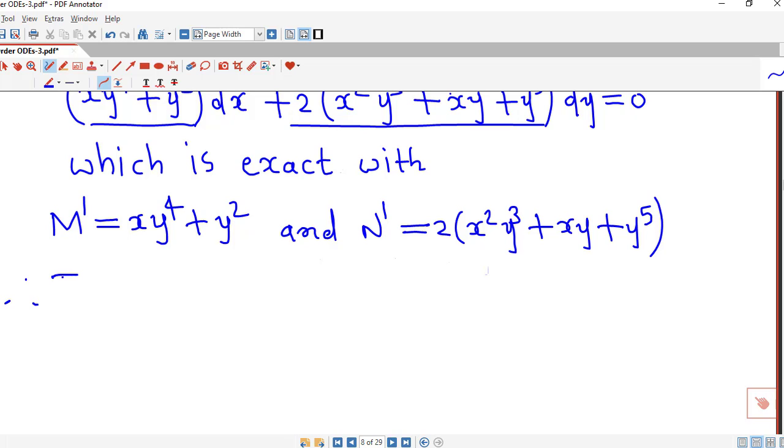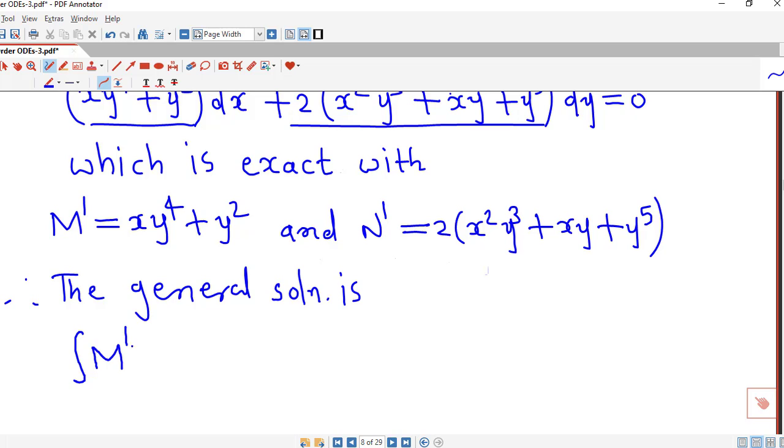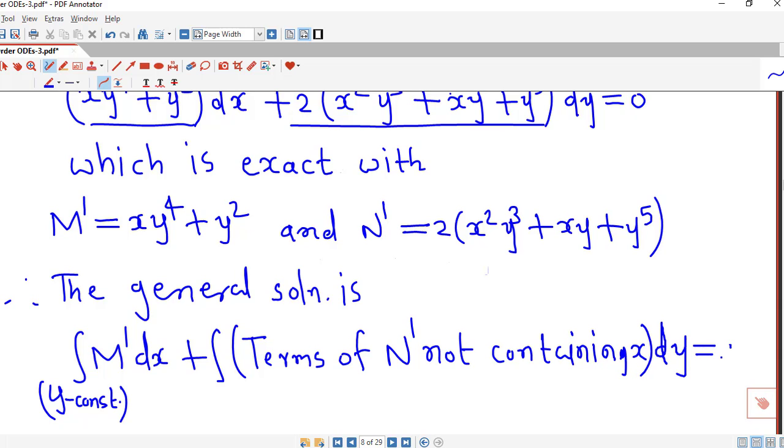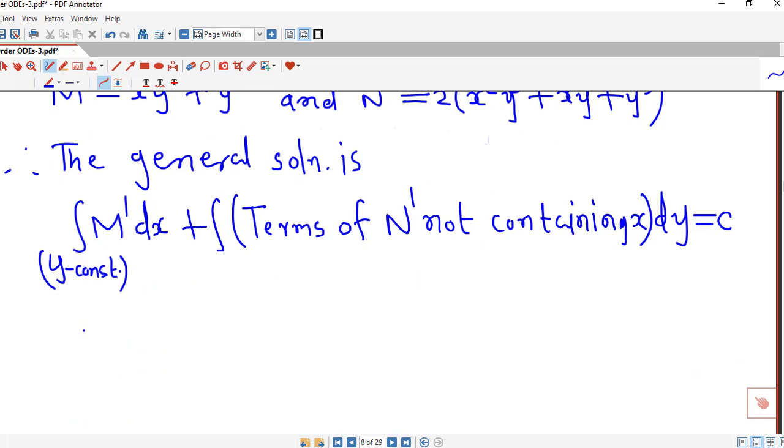And we know how to solve the exact differential equation. We have a ready-made formula. So the general solution is, we integrate M dash with respect to x considering y as constant, and we write down those terms of N dash not containing x, and we integrate those terms with respect to y, equal to a constant of integration.